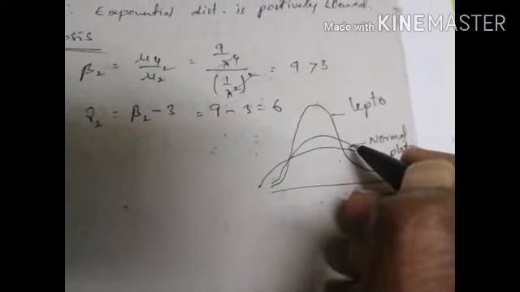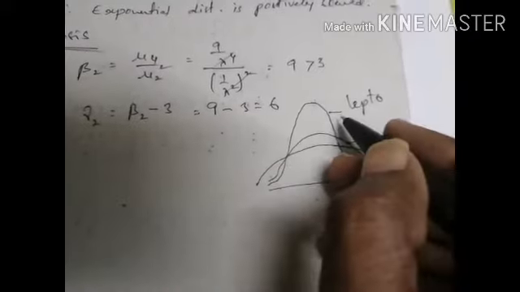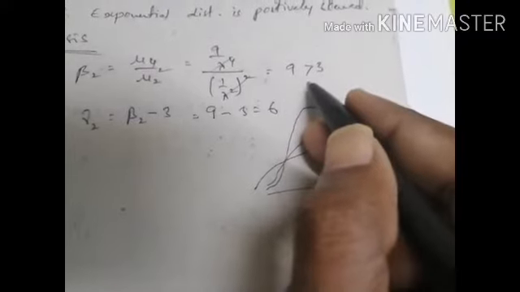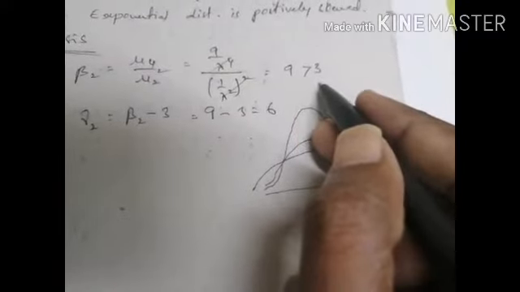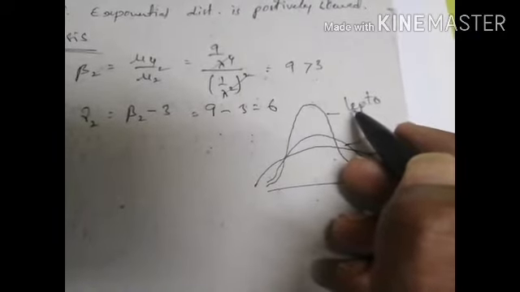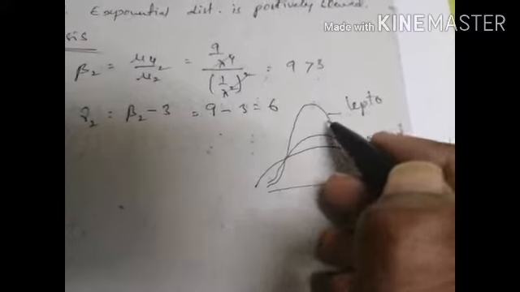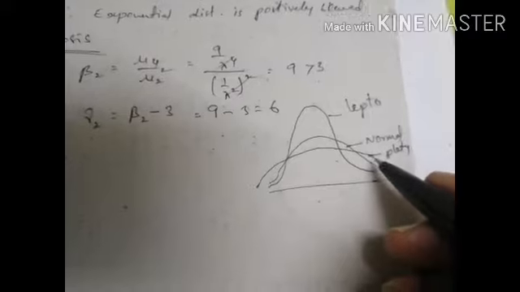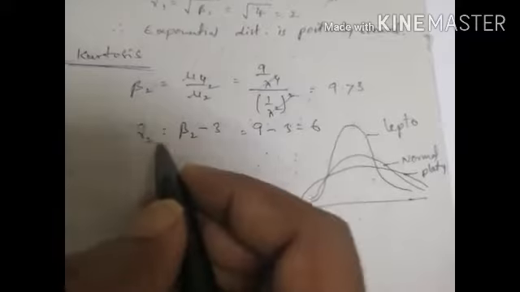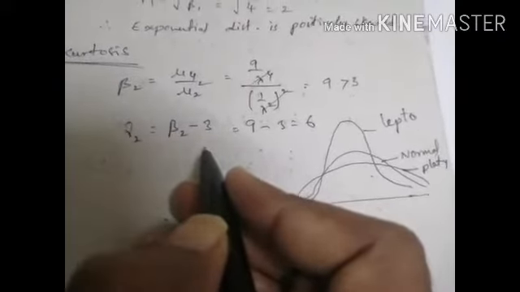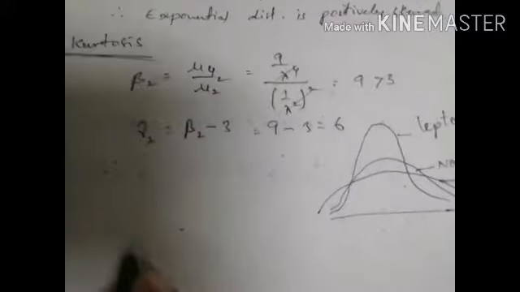That particular curve is known as the normal curve, and above 3 means, here 9 is greater than 3. We are getting the value 9. So here 9 is greater than 3 means our exponential curve is a leptokurtic curve. The distribution has a leptokurtic curve. If it is less than 3, it is a platykurtic curve, right? So exponential distribution is a leptokurtic curve. Okay, right.